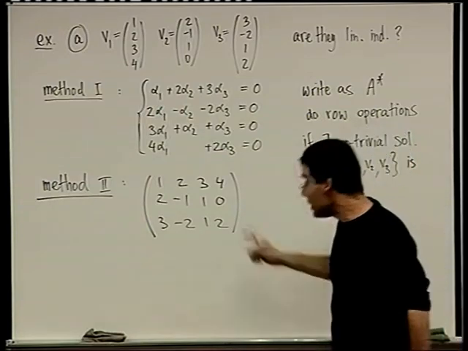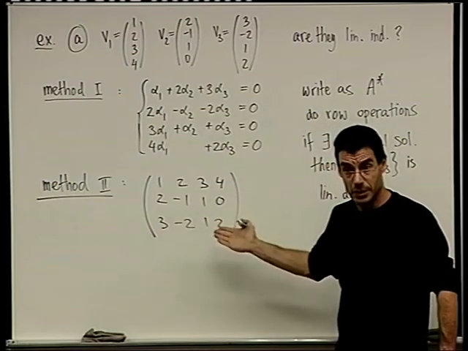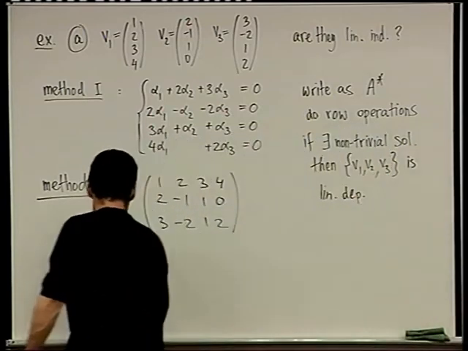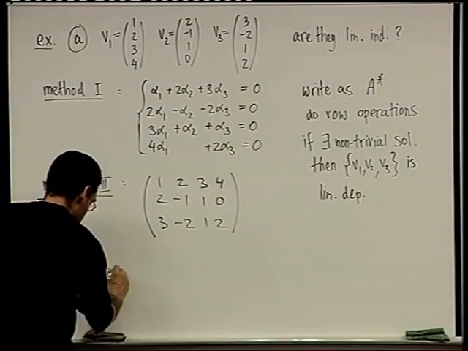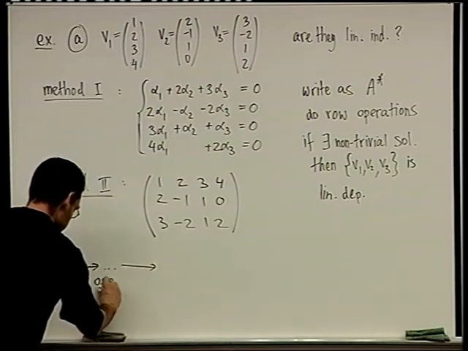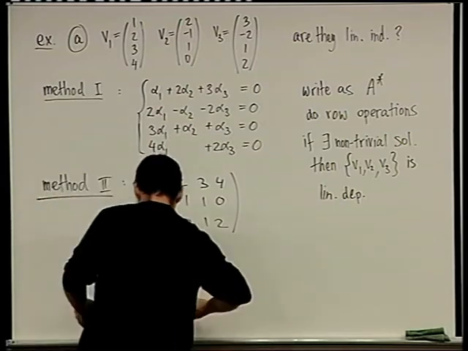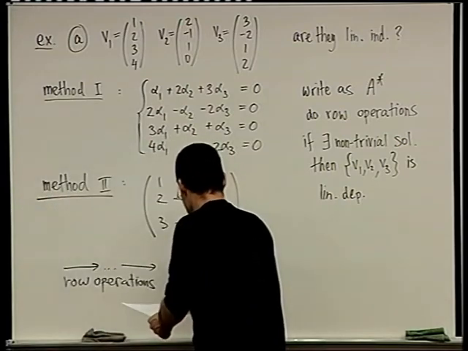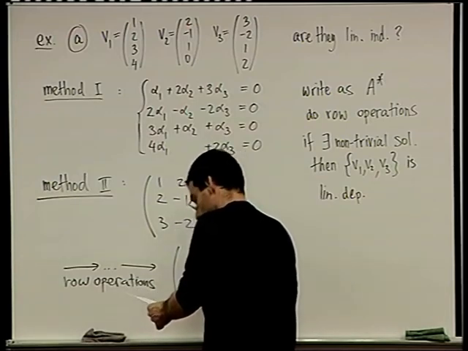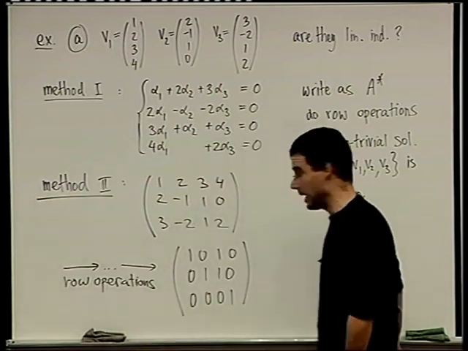But we know what the row operations on this would yield, because we did them several times. So we get 1, 0, 1, 0, 0, 1, 1, 0, and 0, 0, 0, 1. That's the matrix that we get.